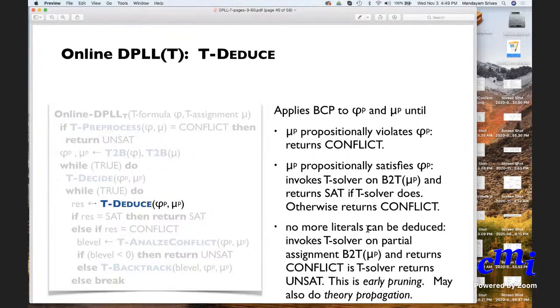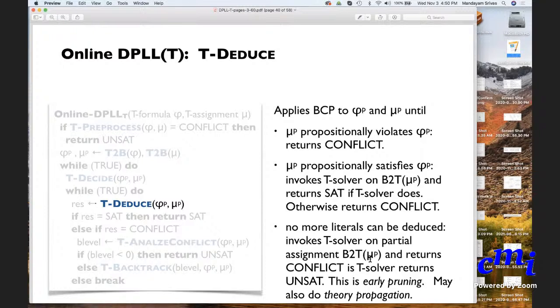But even with partial assignments, if neither of these two things holds, that is, with partial assignments you don't get a conflict, nor do you get a fully satisfying assignment, which happens when you have unresolved clauses in your abstracted formula, then even on those partial assignments it invokes the T-solver, after refining that assignment.